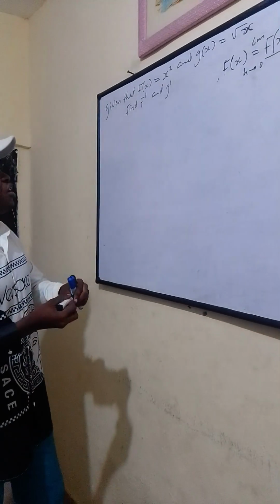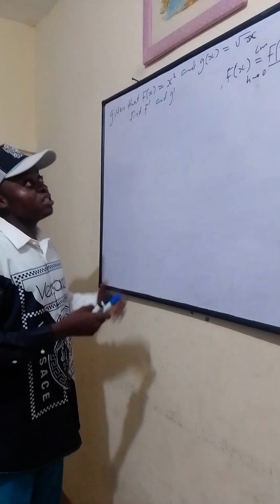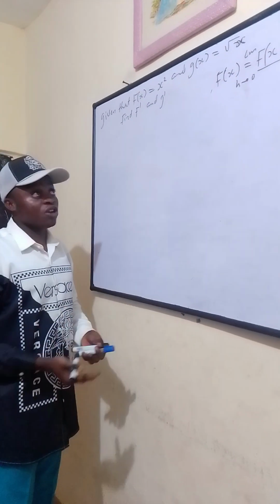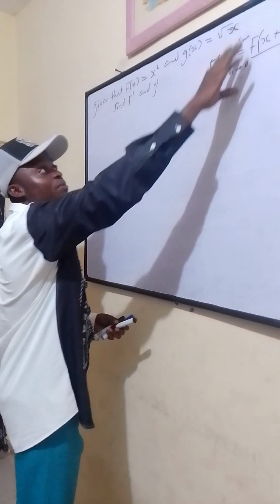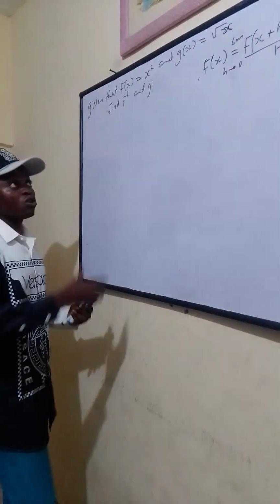Now, in your O level, you will be solving a given question using first principle or any other method. But here we are going to use a limit as the method of first principle. Now let's go with it.